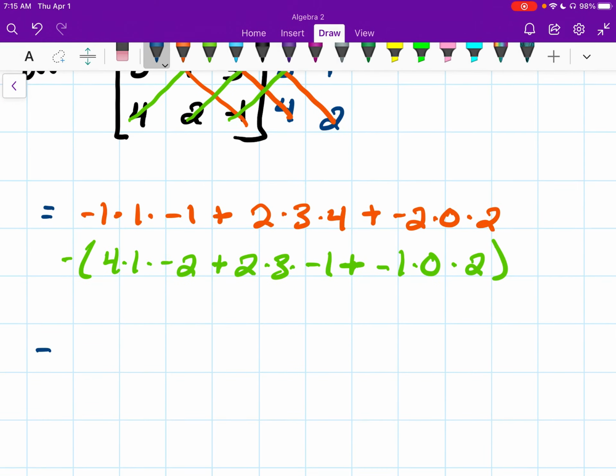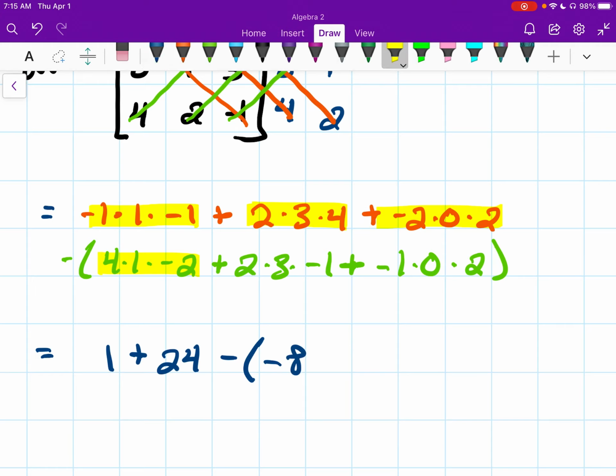Alrighty. This one here will go to a positive 1. This will turn into 6 times 4 is 24. That'll be 0. Then we'll have minus parenthesis. That will be a negative 8. Negative 6. And 0.